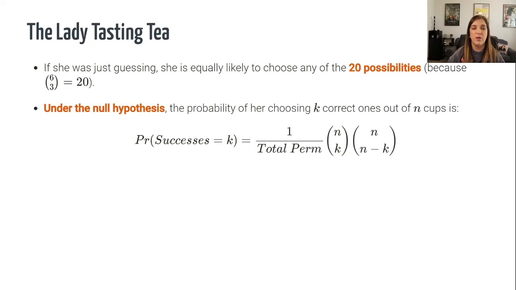So under the null hypothesis, and again, the null hypothesis is she does not know what has milk and what has tea first, the probability of her choosing k correct ones out of n cups, so basically having k successes, is 1 over the total number of permutations, which in this case is 20, times n choose k times n choose n minus k, which basically means it's 1 over 20 in this case, times choosing k correct ones and failing on n minus k ones.